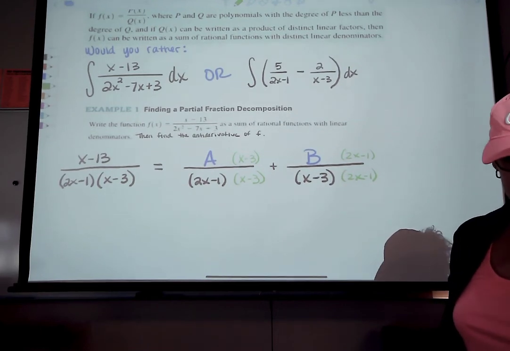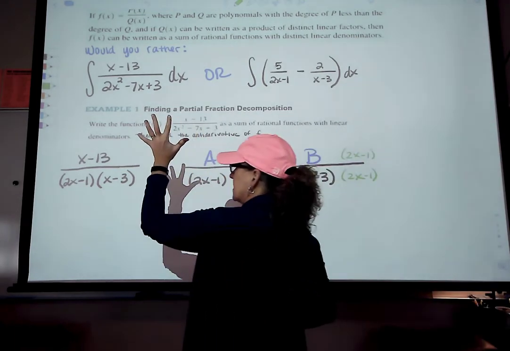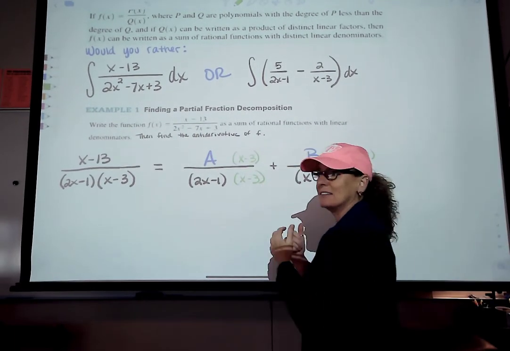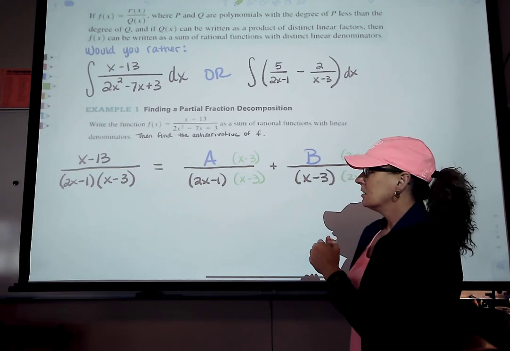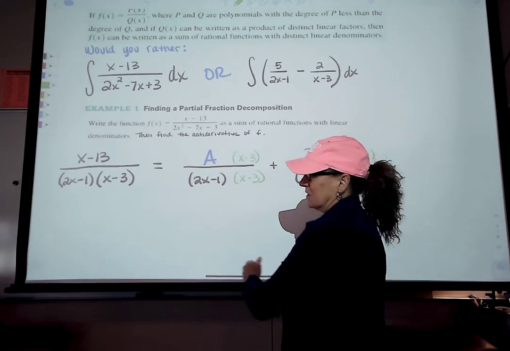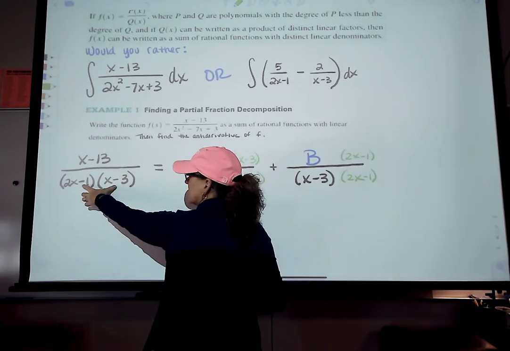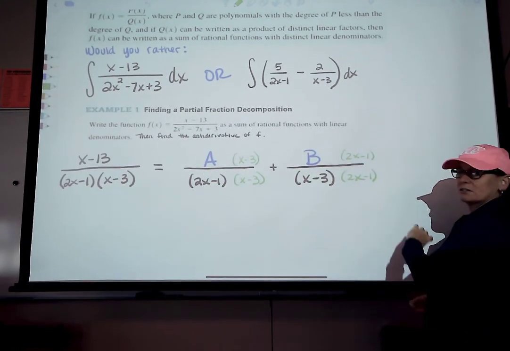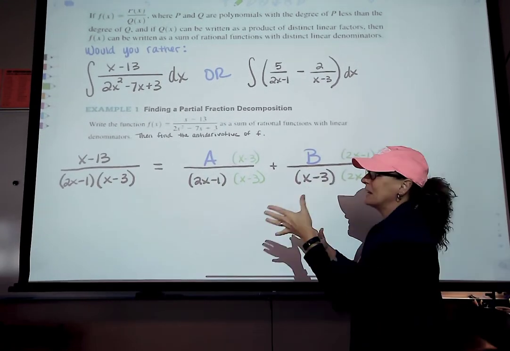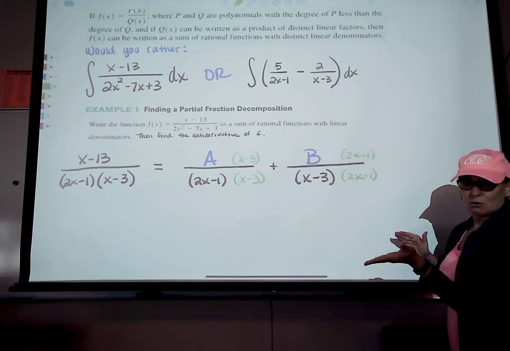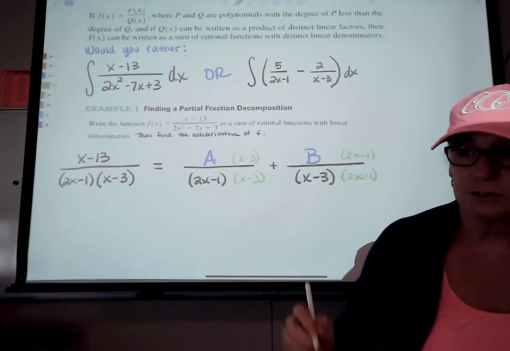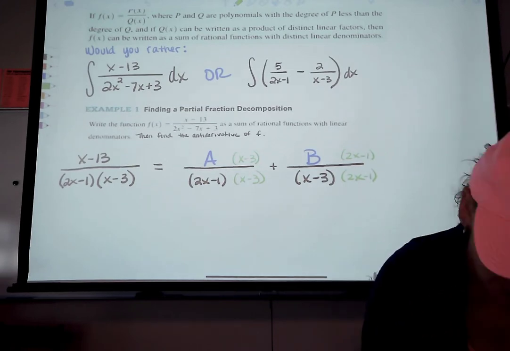Now, here's the thing. This one fraction is equal to these two having been added together. So check this out. See this denominator? Isn't this denominator the same all the way across? If my denominators are exactly the same all the way across, all you have to focus on is working with the numerators.